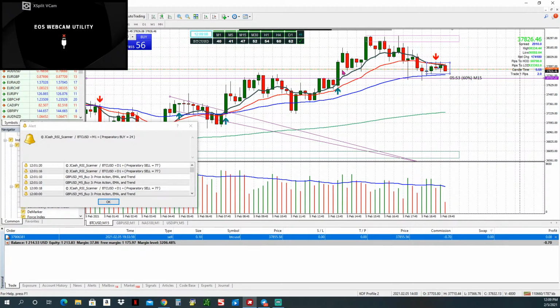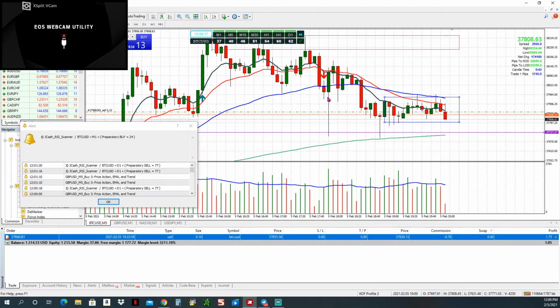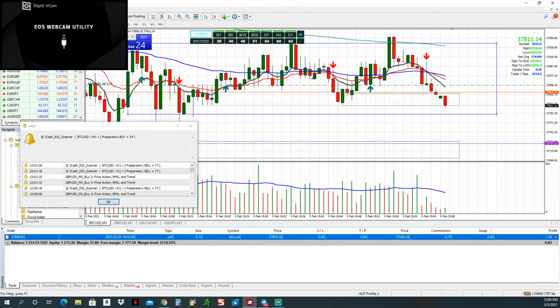I'm still waiting on it to drop to the level that I think it will. Maybe I should pull it up to here. It's important to look to your left to see what it's going to do. All right, we made it, but will it close above it and try to go back up? We're in the zone.